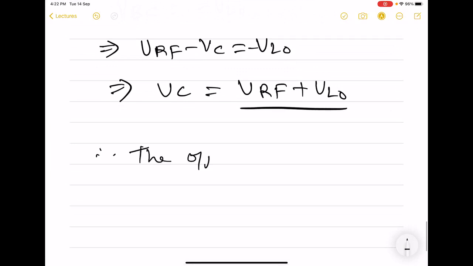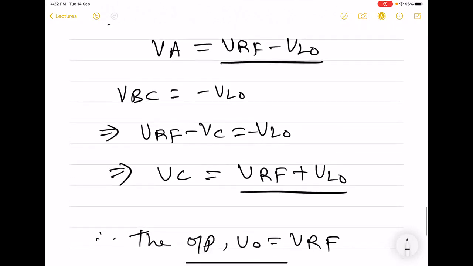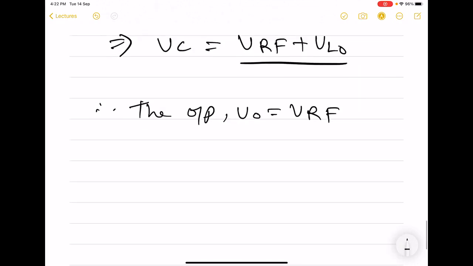Therefore the output voltage VO is going to be equal to VRF. So now this can be written as 1 into VRF.